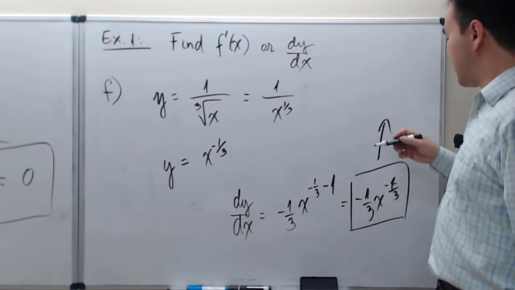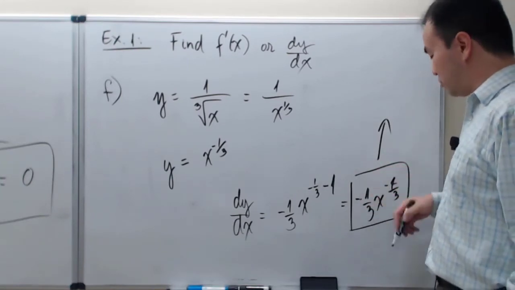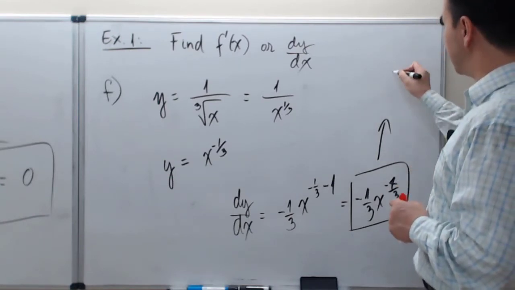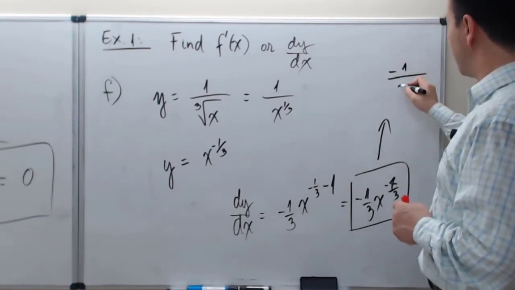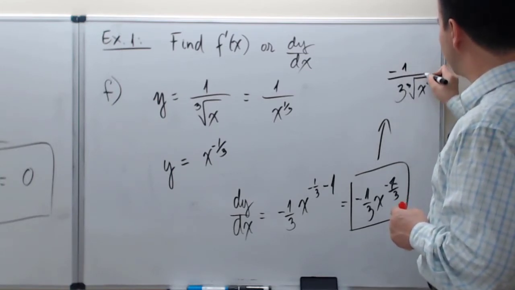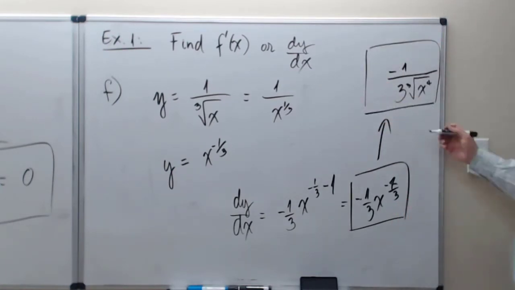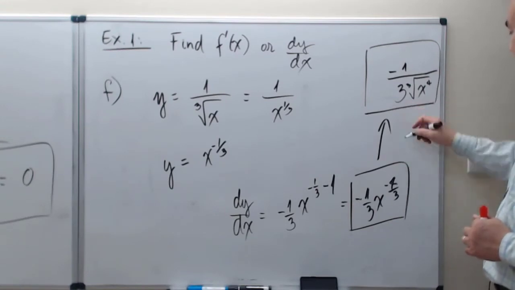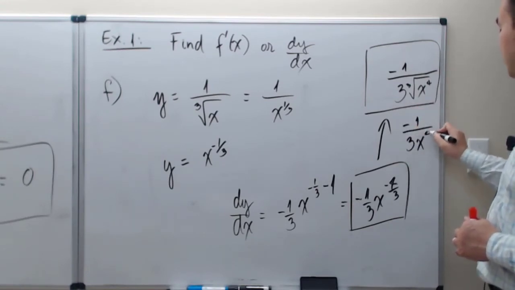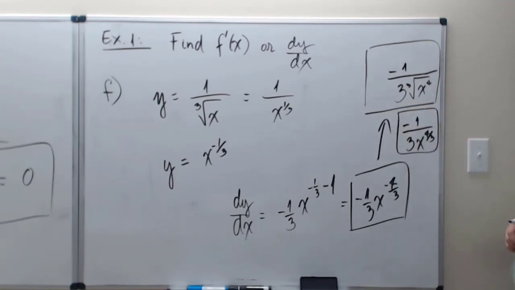But like I said, in case your instructor expects more in terms of how you can simplify your work, how you can re-express your work right here in other form, then this is negative 1/3 times the cube root of x to the 4th. That's how we're writing it. Okay, that's another way of writing that. And of course, between these two steps, you can also write it as negative 1/3 x to the 4/3 power, but in the denominator. That's another way of writing that as well.